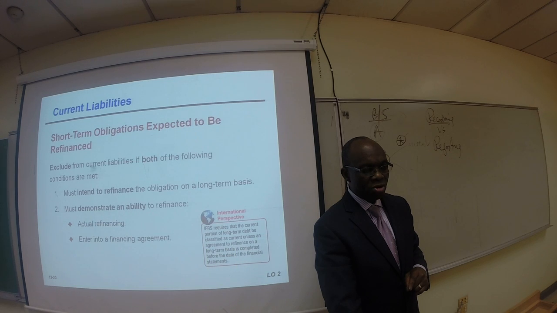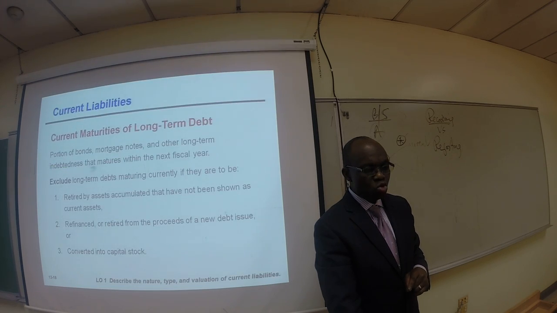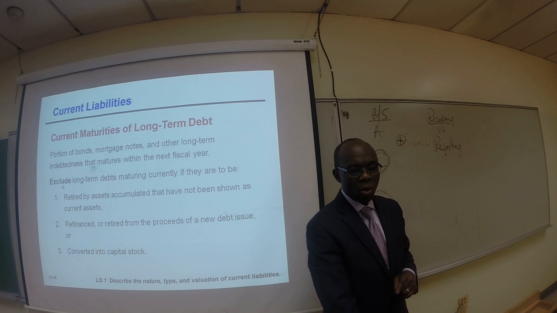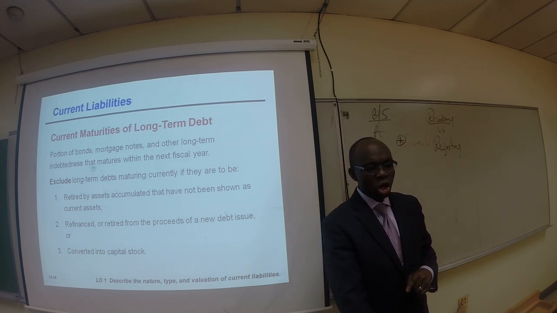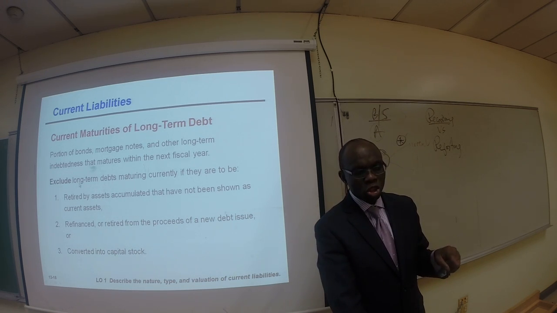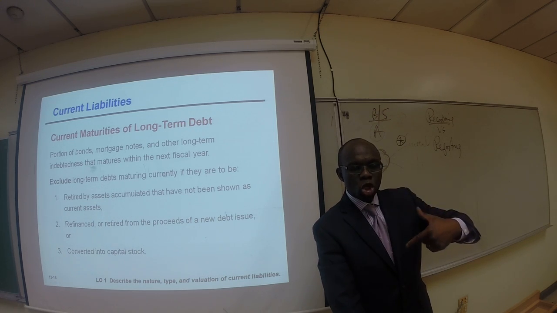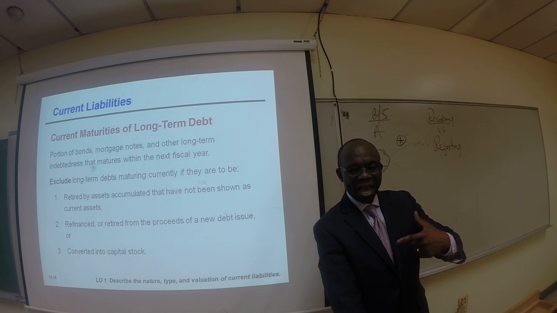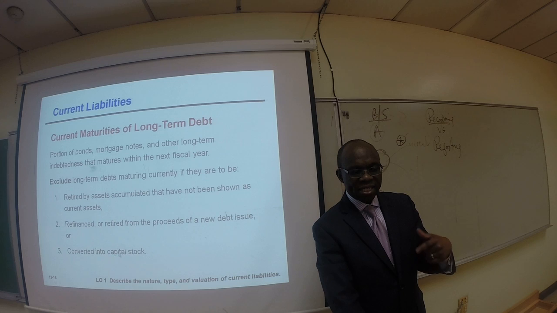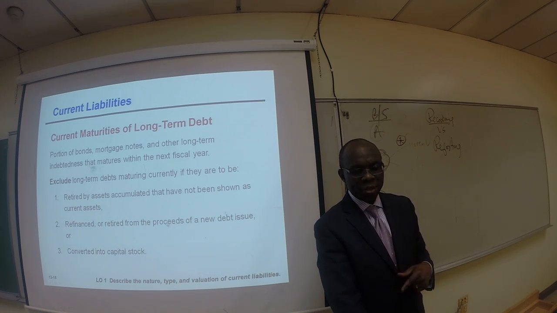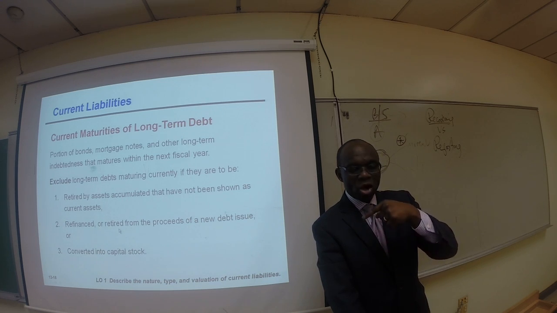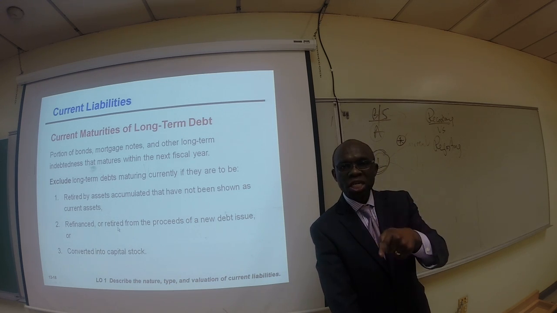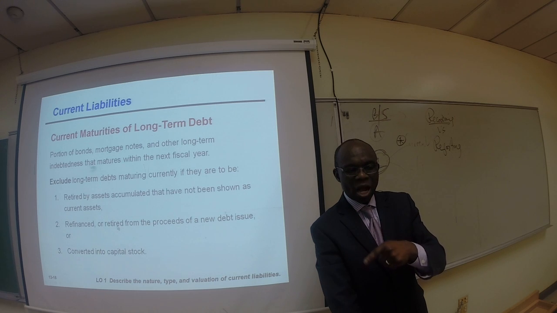Now let me go back and refresh your memory with the rule that is connected to this. So let's take a look at what they said here. They said we should exclude long-term debt maturing currently. In other words, we should exclude those debts from current liabilities if they are, look at number 3, converted into common stock or refinanced or retired from the proceeds of new debt issued. In this case, they were retired from the proceeds of the common stock that we issued.